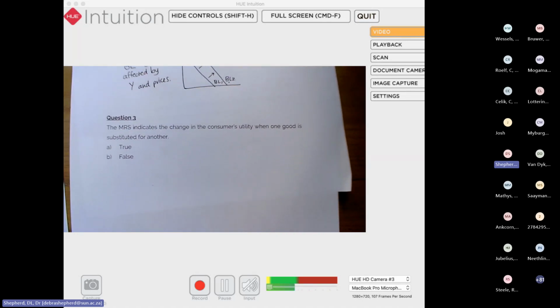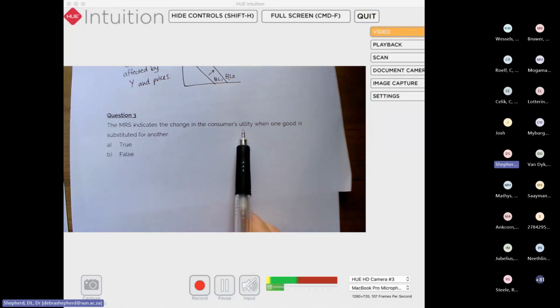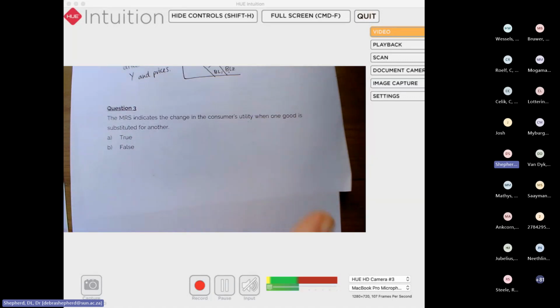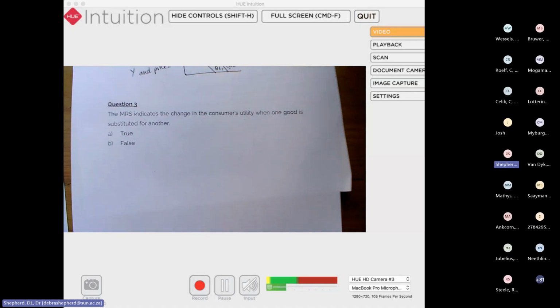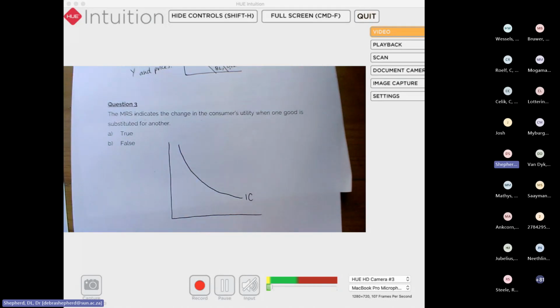So I'm going to show you here how we can see that affecting indifference curves. So the MRS indicates the change in the consumer's utility when one good is substituted for another. So I'm not going to go for the answer first. I'm quickly just going to do a little bit of theory. So let's say I have this indifference curve.